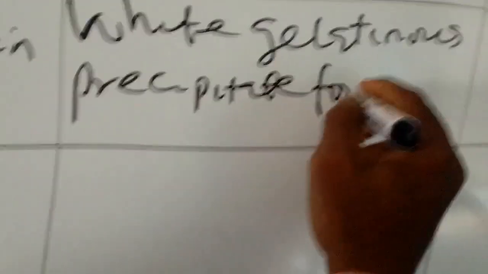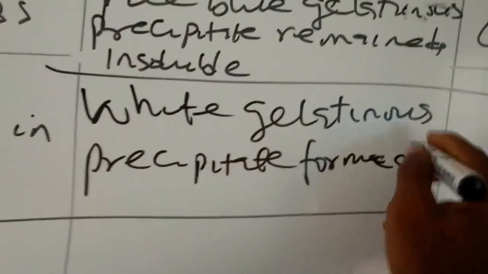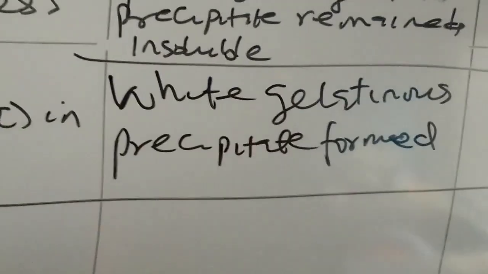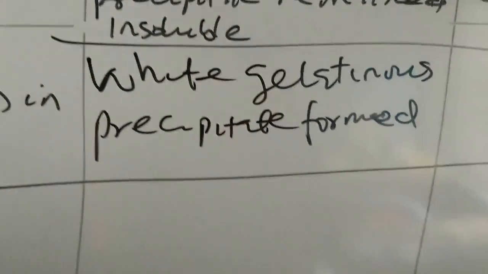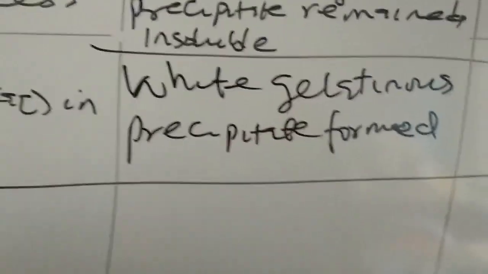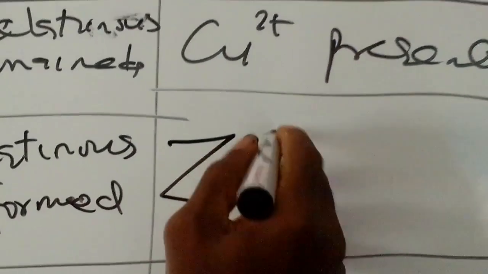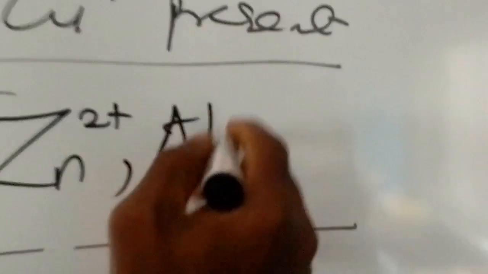Now, what are the cations that will give us white gelatinous precipitate when we add some hydroxide? There are 2 major cations that will provide this kind of observation. They include zinc 2 ion, or aluminium 3 ion.